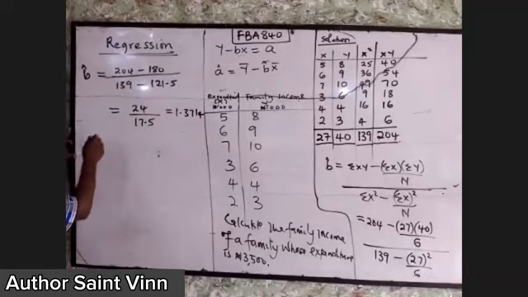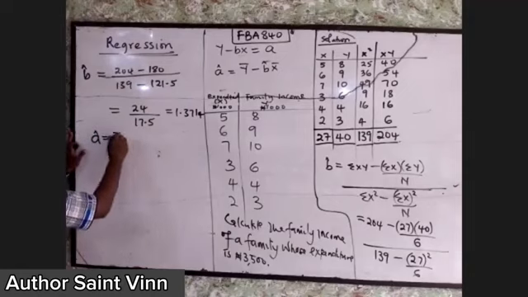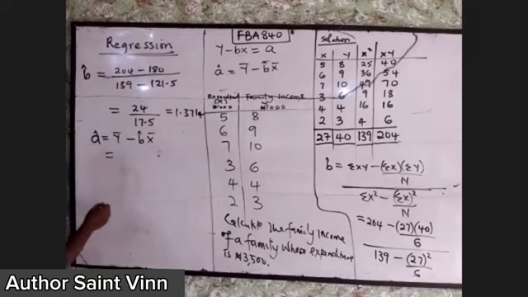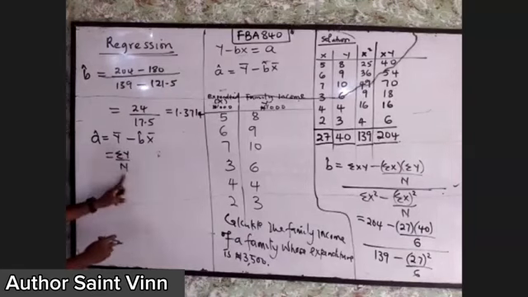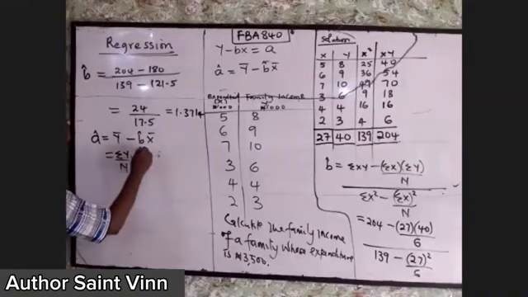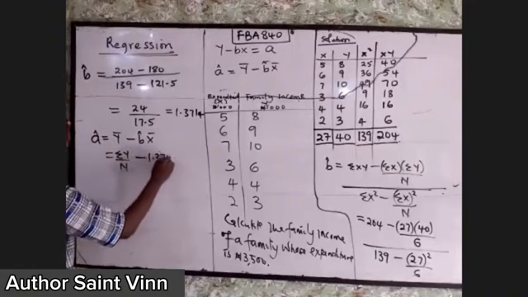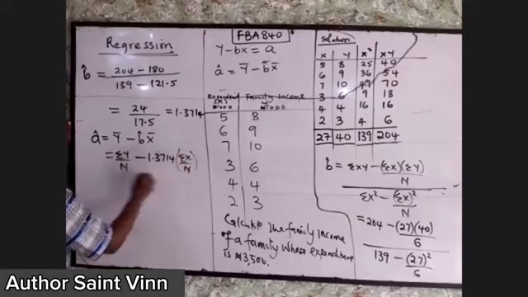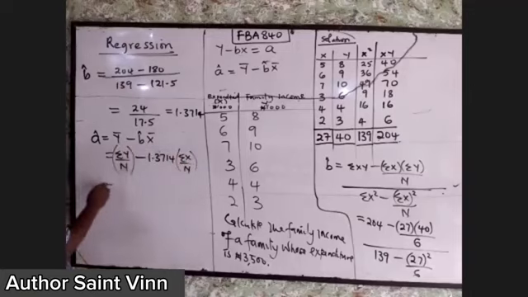Now to get A, the estimate of A is going to be Y bar minus B estimate times X bar. Let me write it very well so that somebody will understand. This one means summation of X over N. So that's the result.